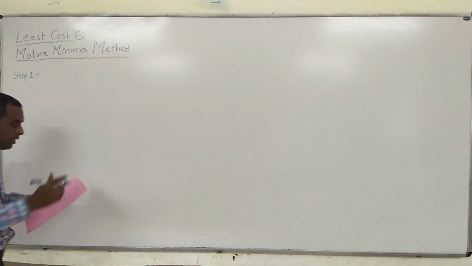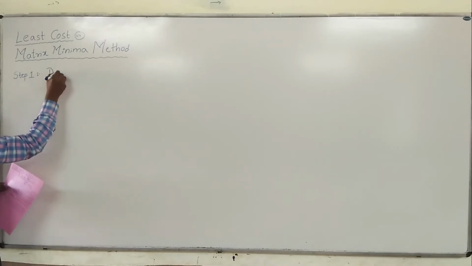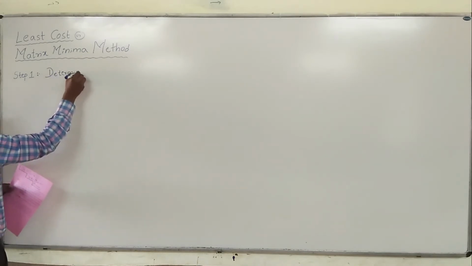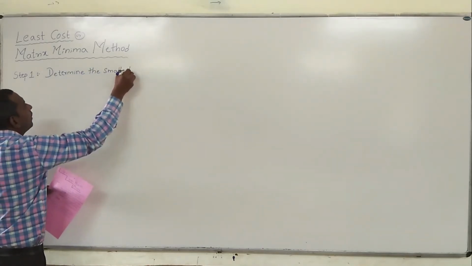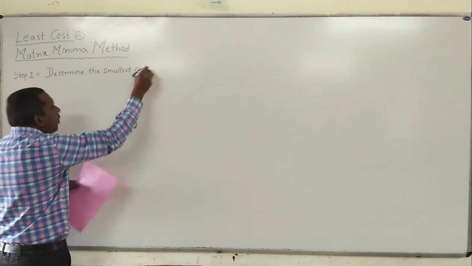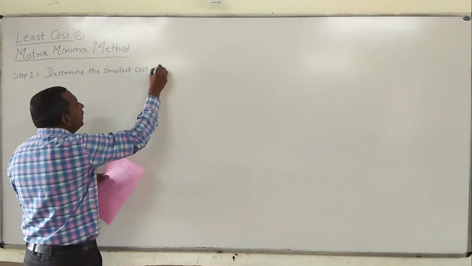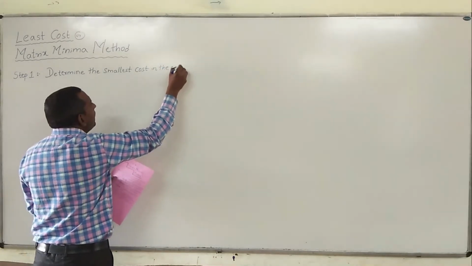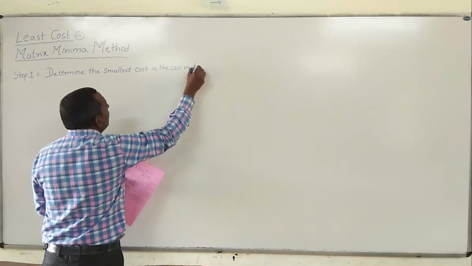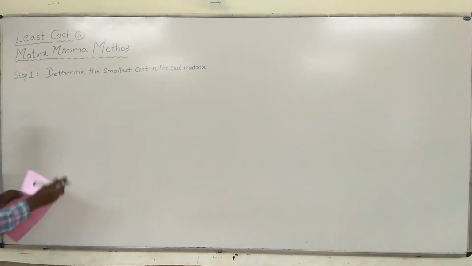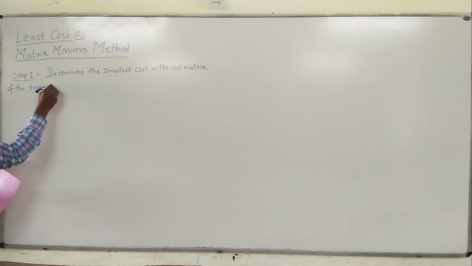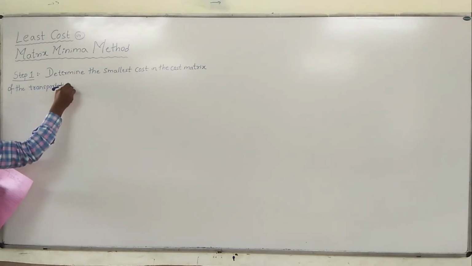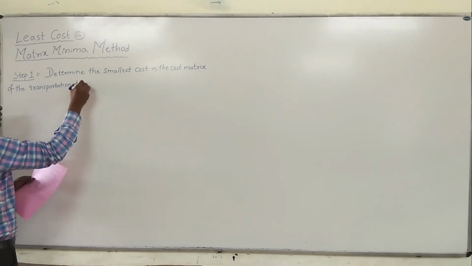So step number 1: determine the smallest cost in the cost matrix of the transportation table.